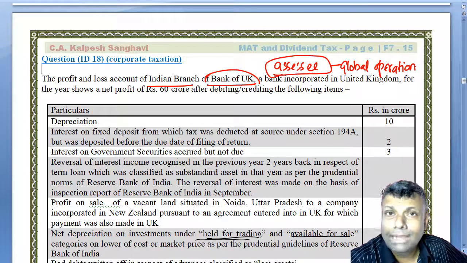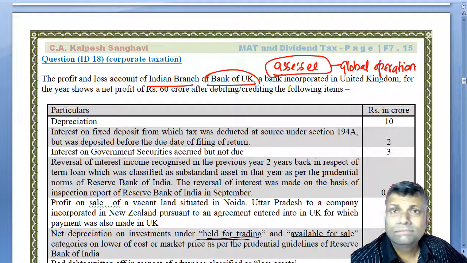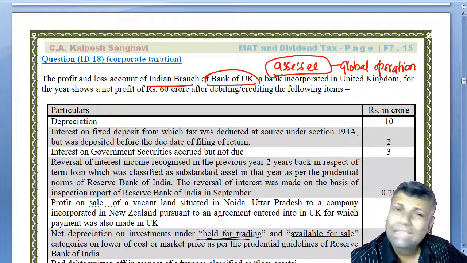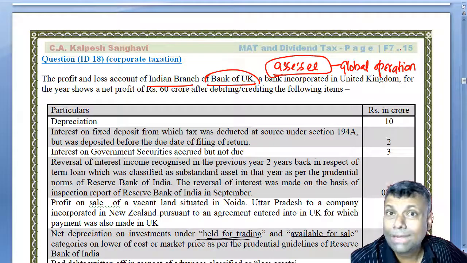That particular bank is going to have global operations, because this is not just Indian operations and UK operations. So are you going to tax the entire global income, or are you going to tax only the Indian income? Are you getting what I'm trying to say?